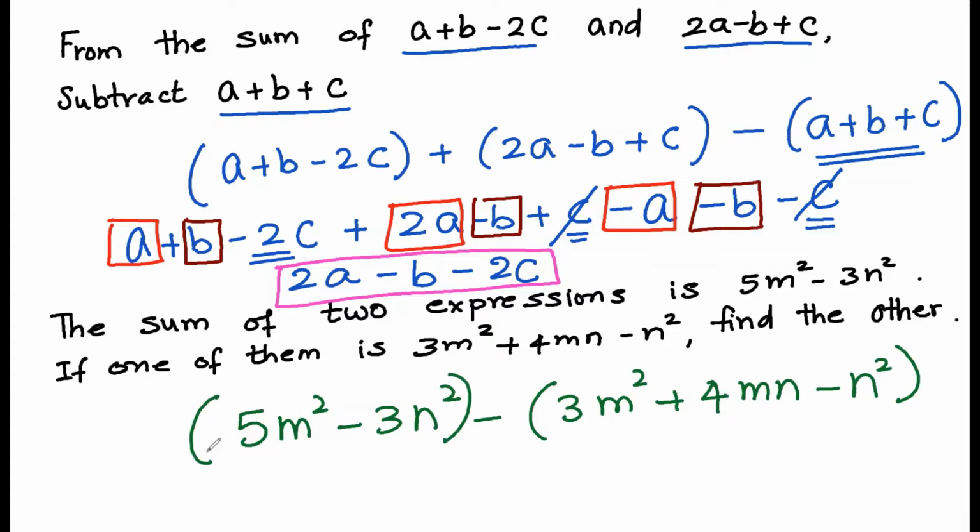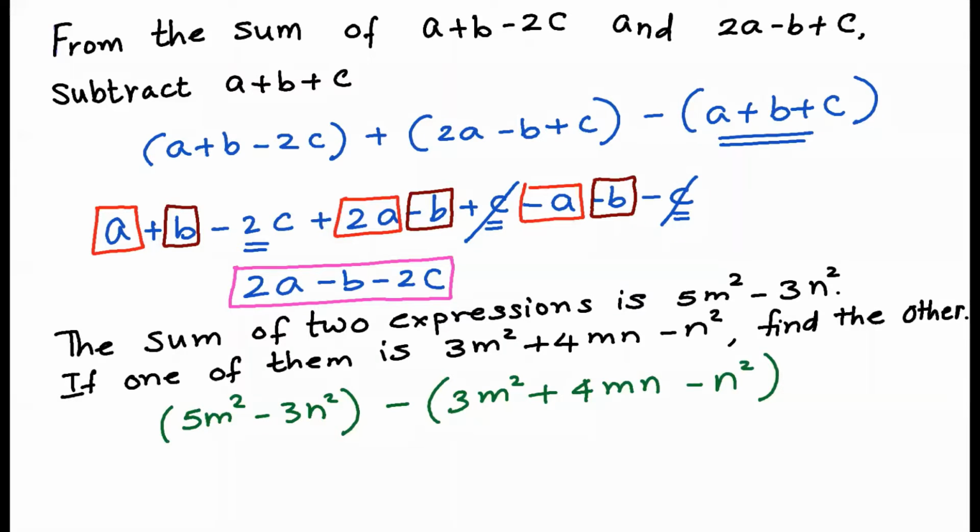So from the sum of the two expressions, I'm going to subtract one of these expressions so that I can find the other. So let's go ahead and subtract these two polynomials. The first polynomial remains as it is. So it's going to be 5m squared minus 3n squared. Now be careful, since we are subtracting, the signs of the coefficients of the second polynomial are going to flip.